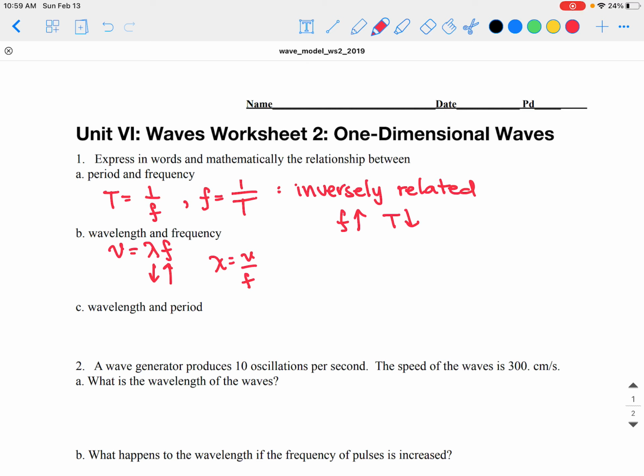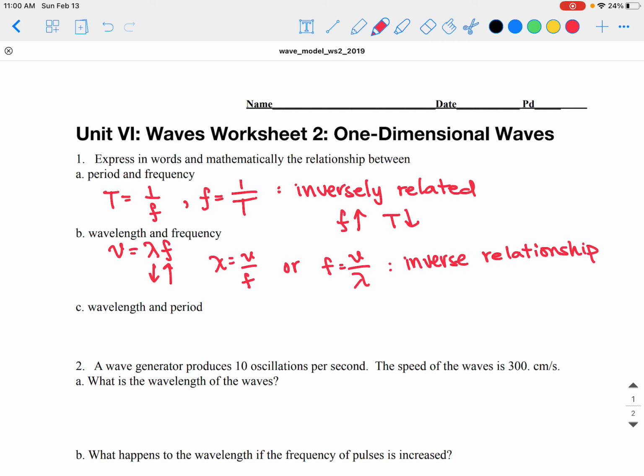In the same sense, frequency is equal to velocity over lambda. So it's an inverse relationship. As one goes up, the other goes down.